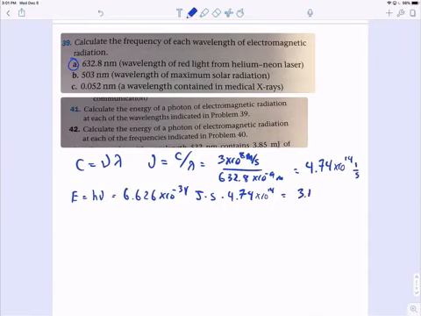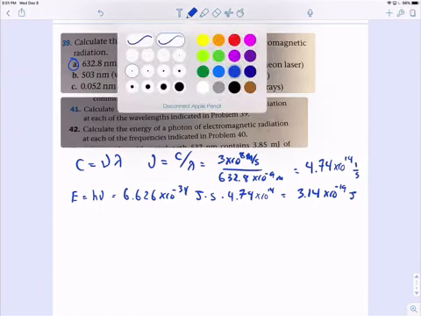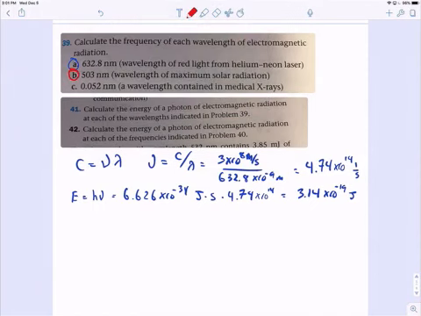This is 3.14 times 10 to the minus 19 joules. So you're given all the equations and all the constants, but why don't you go ahead and try part B.